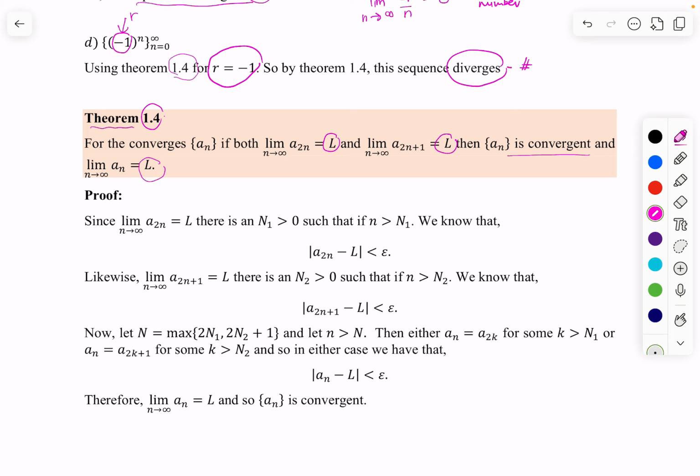This is almost the same as applying the squeeze theorem.